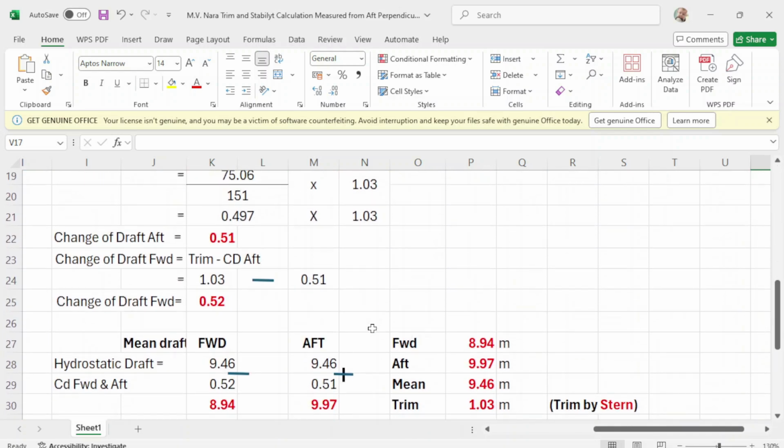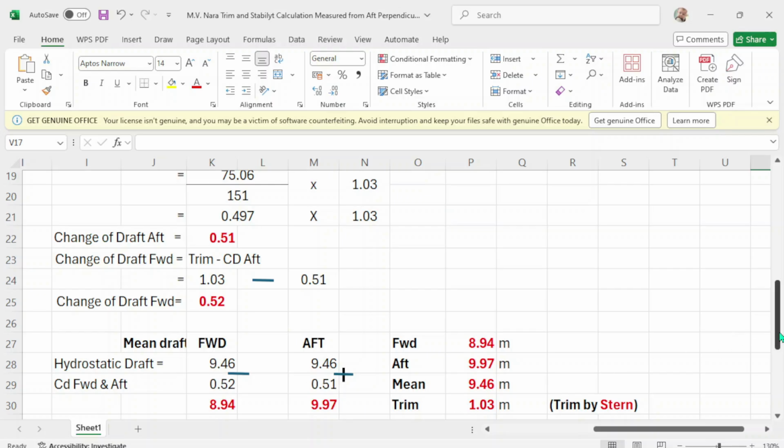Then you apply your change of drop forward. What is your change of drop forward? 0.52, and change of drop up is 0.51. So what happens? What will we do with these? We are going to subtract or add.